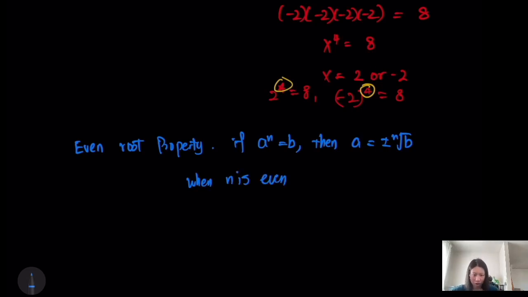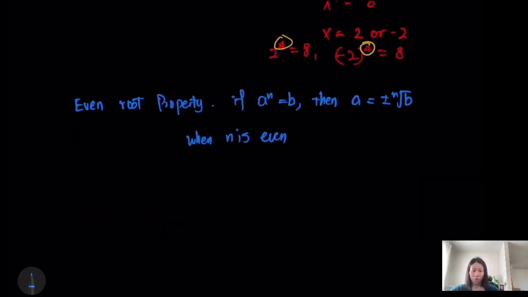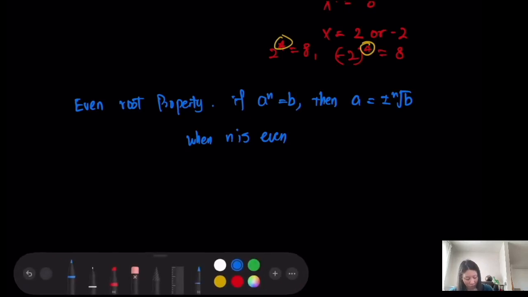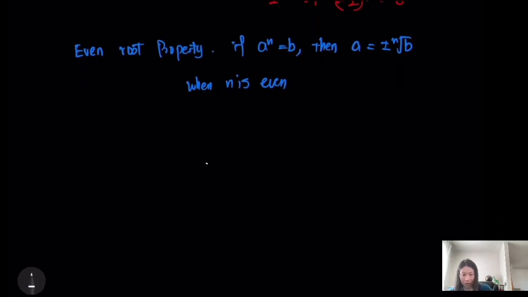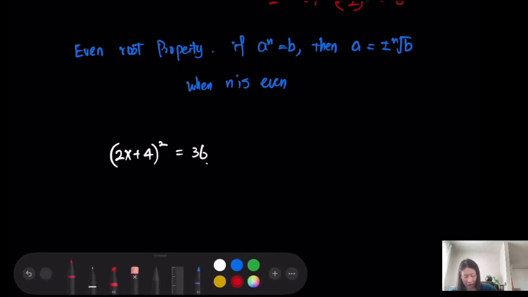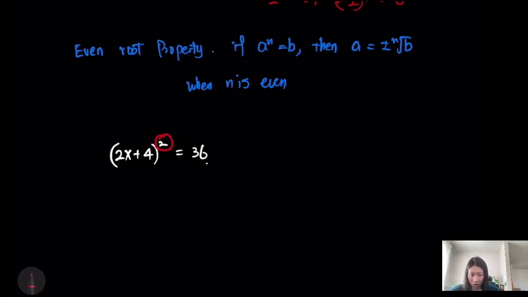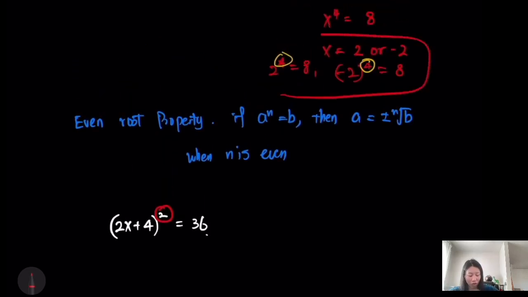Okay, so now let's take a look. If I have an equation like 2x plus 4 squared equals 36, now we need to use the even root property because this is a square. You want to take the root on both sides, and you will end up with two possibilities, like what I showed earlier.